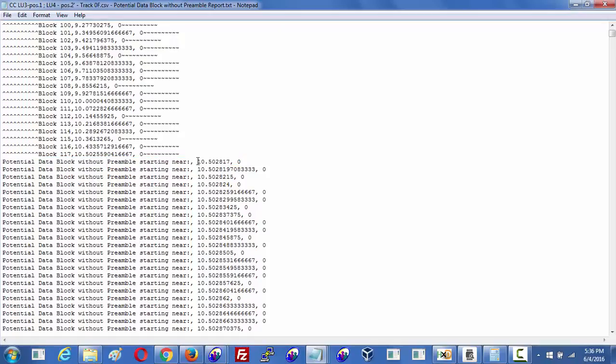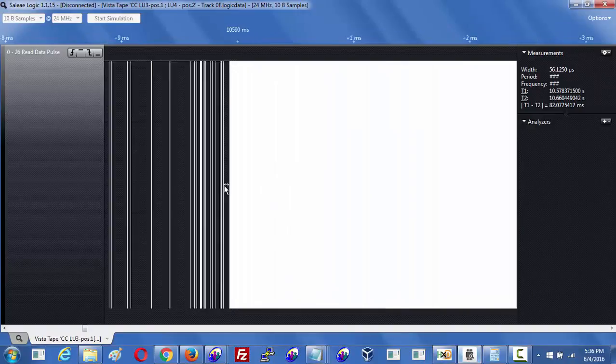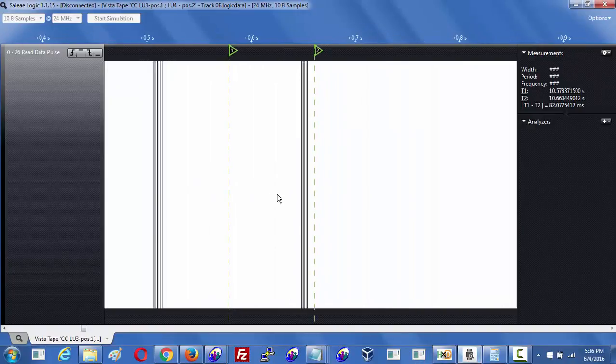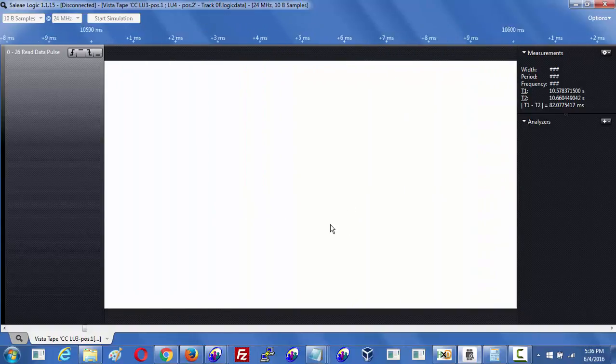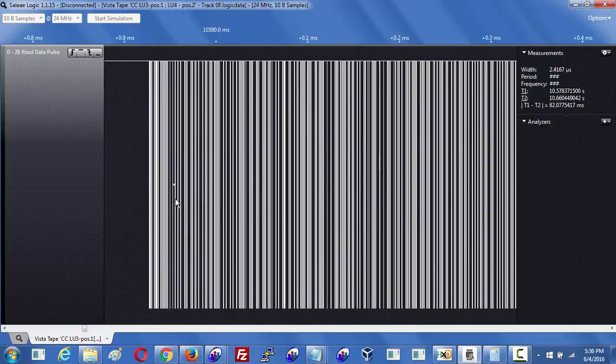And so it has identified one here at 10.502817. And I think that's exactly where the missing block has been found using this other process. So I already have another report that alerted me to this.